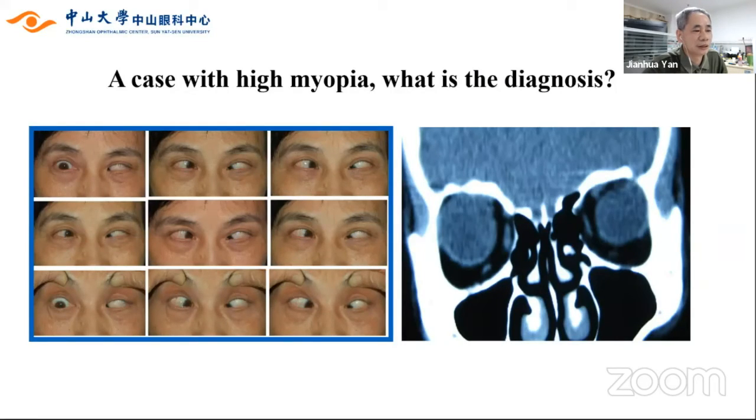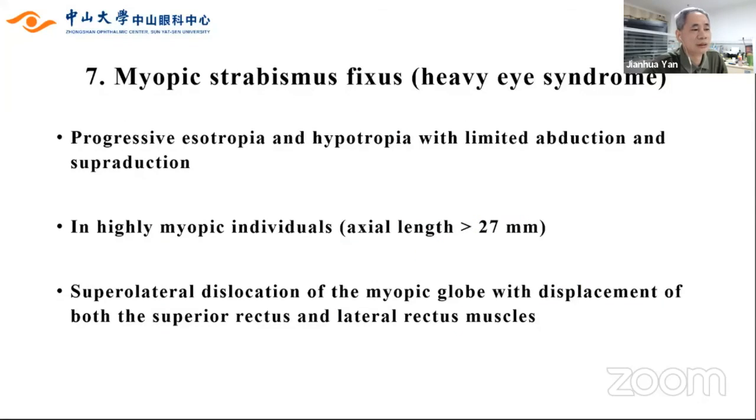This is the last case. Both eyes have a large esotropia and hypertropia and cannot move a little bit. He has high myopia. Look at the CT scan of his orbit. Both eyeballs are dislocated superiorly and laterally. Yeah, it's myopic strabismus fixus, also called heavy eye syndrome.